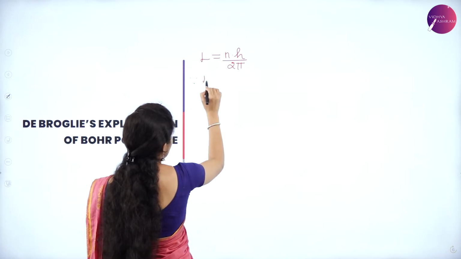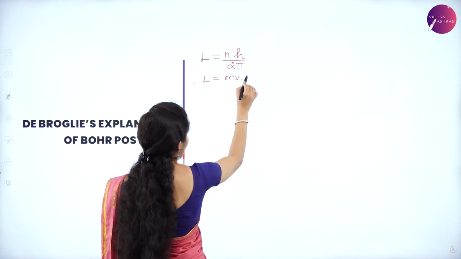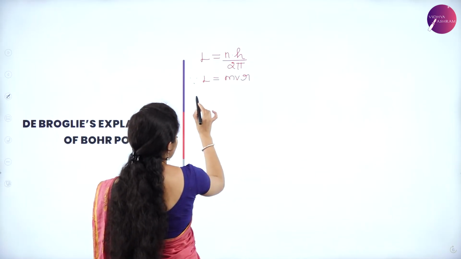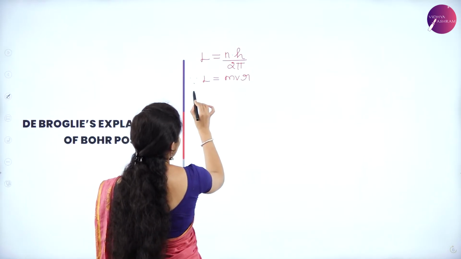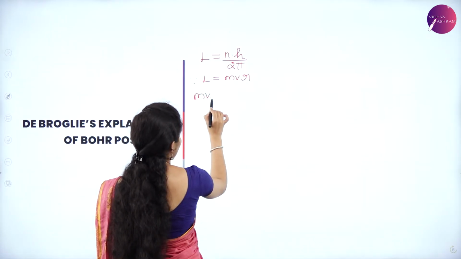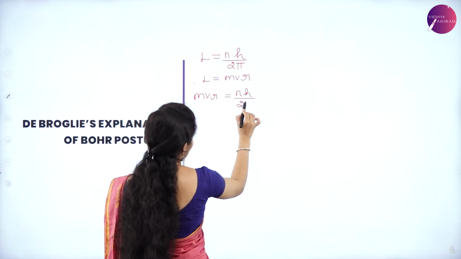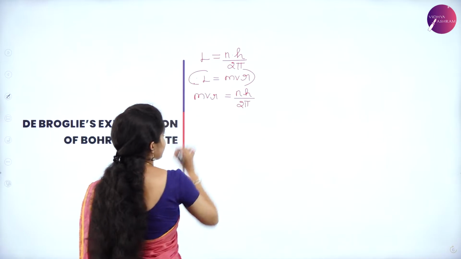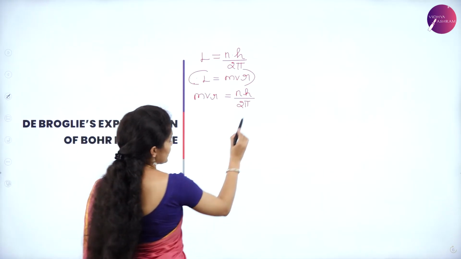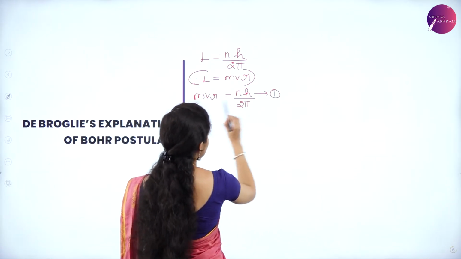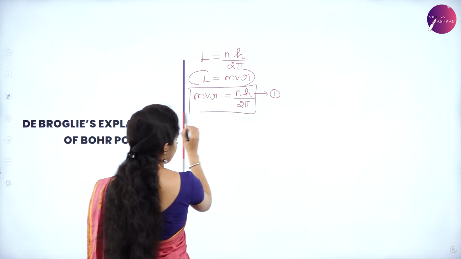Since L is equal to mvr, mass, velocity and radius, substituting for L, we have mvr equals nh by 2 pi.